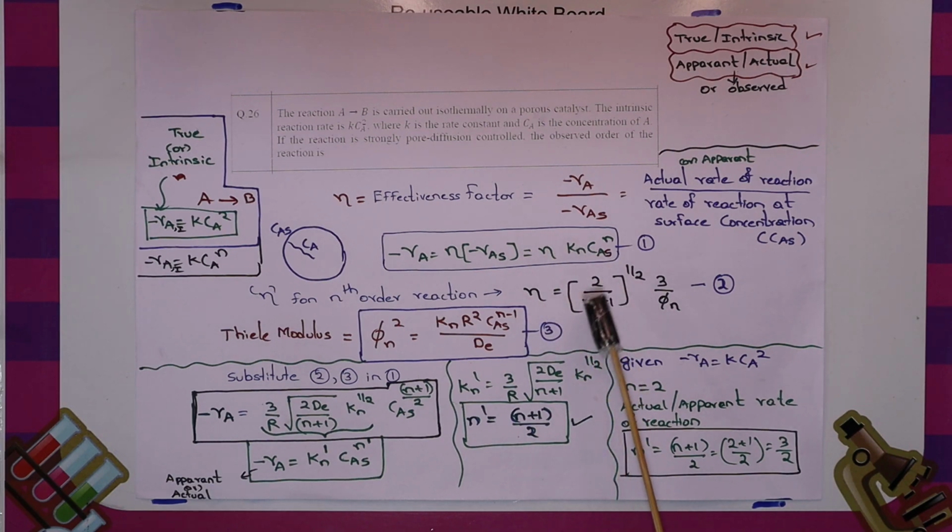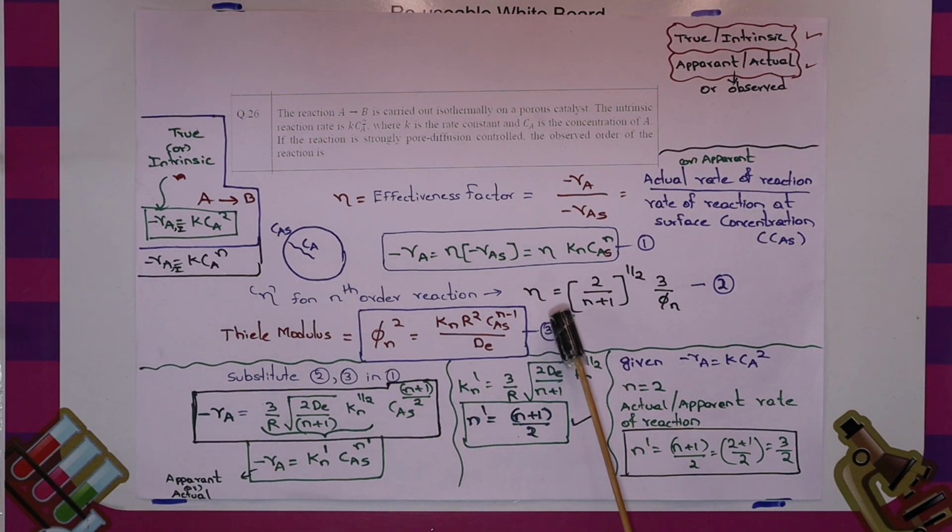The effectiveness factor is nothing but (2 by n plus 1) power 1 by 2 into 3 by phi n. Phi is the Thiele modulus. If you know the Thiele modulus, you can find out the effectiveness factor. If you are able to find the effectiveness factor using this expression, you can find out the actual rate of reaction happening here.